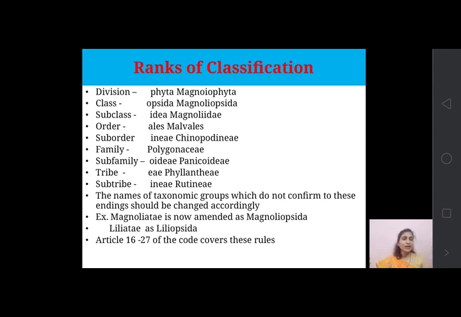Then family, Polygonaceae, ends with -aceae. So family always ends with the suffix -aceae.